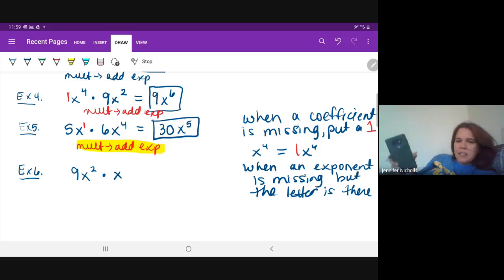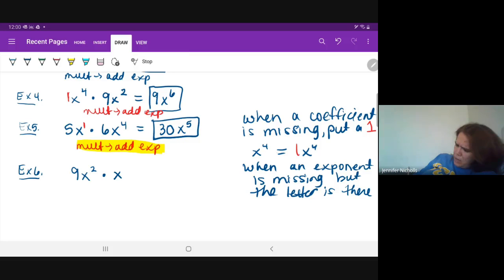Okay, so what do we need to put in this one in red? Yes, I agree, friends.